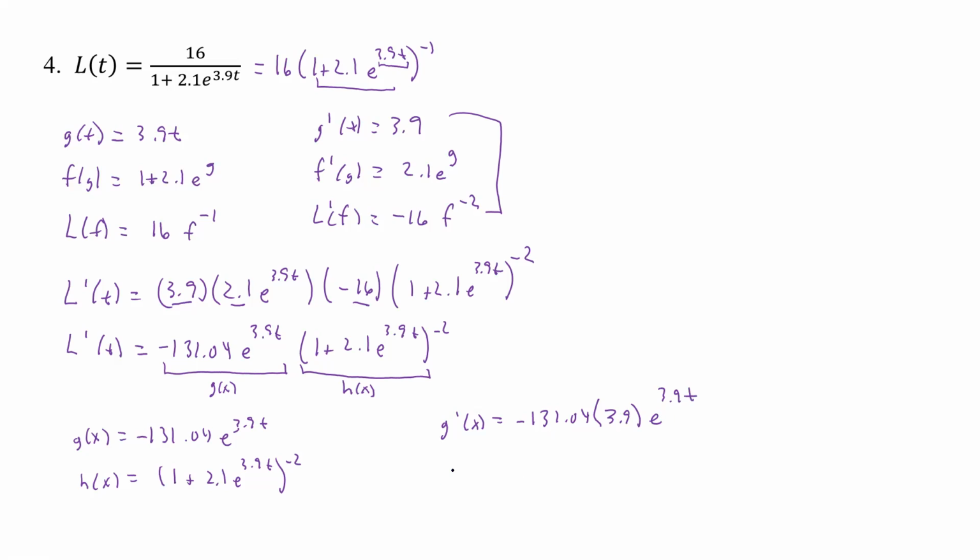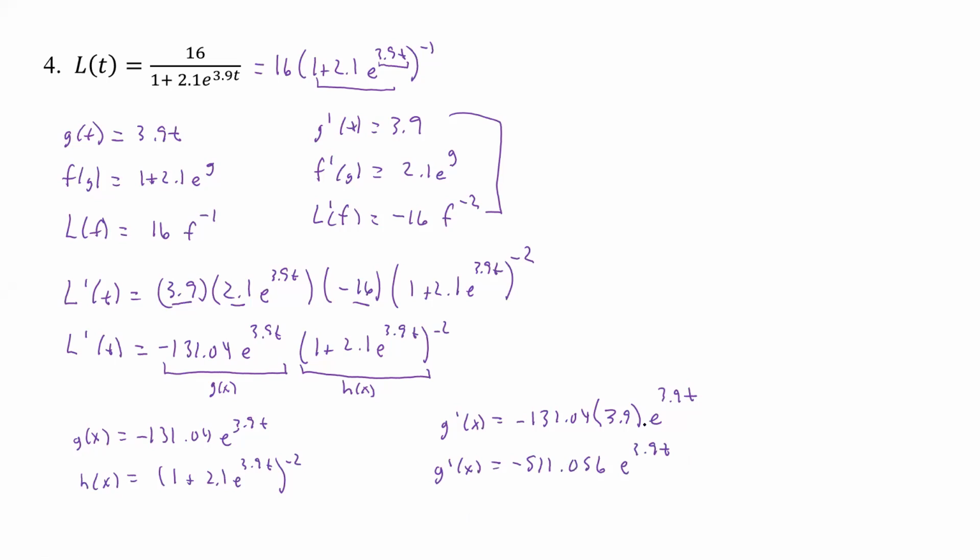Once again, I'm going to multiply those together, negative 131.04 times 3.9, so g prime of x equals negative 511.056 e to the 3.9t.